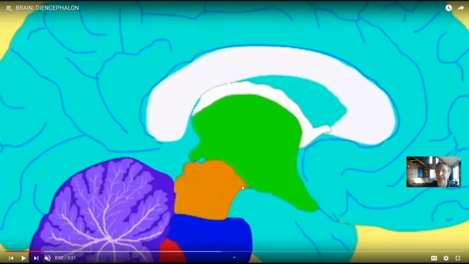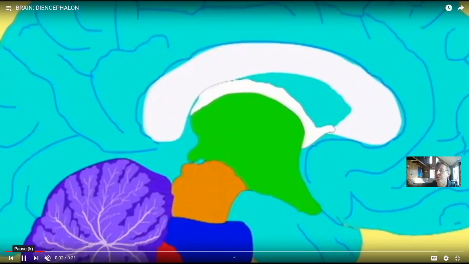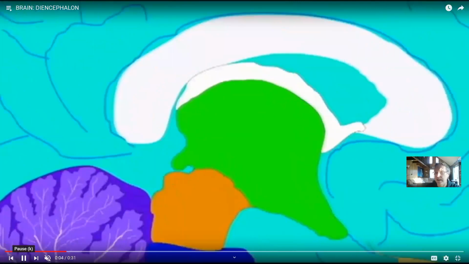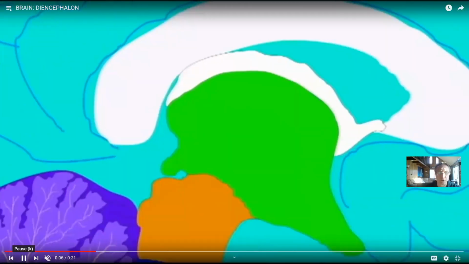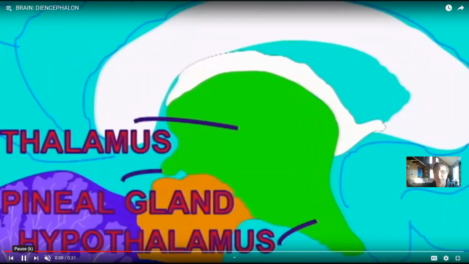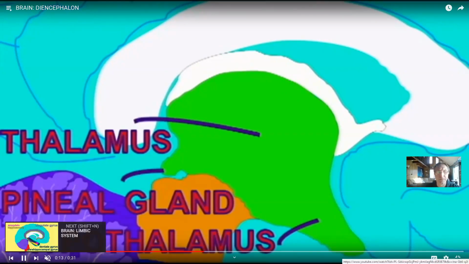When we look at a sagittal section, one had to remove this large cerebrum in order to see it. And there are three regions of the diencephalon that I'm going to go through. The first is the thalamus, which composes 80% of the diencephalon. Underneath that is the hypothalamus, and behind the thalamus, dorsal to it, is the pineal gland.